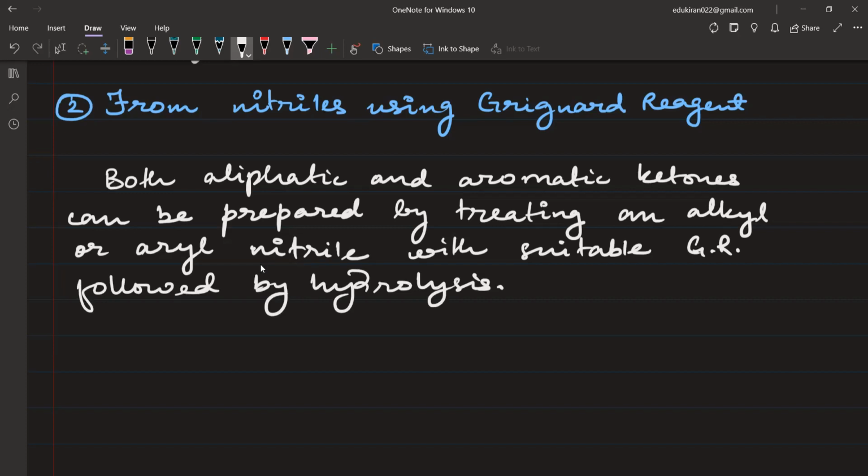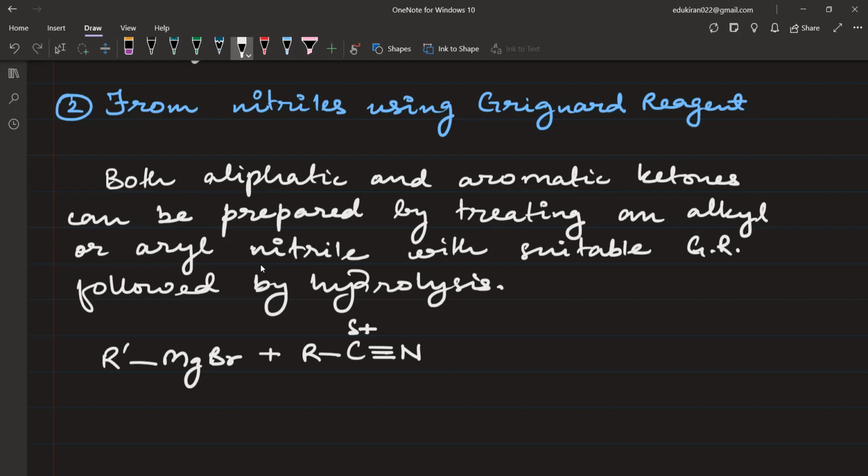Now, starting with the simple example, let's suppose we have R'MgBr plus we have some RCN. Now, if you look at the CN nitrile, carbon triple bond nitrogen. So this carbon is already delta positive, right? It is very electron poor because nitrogen is connected with the carbon atom.